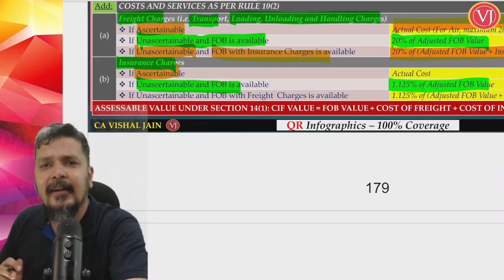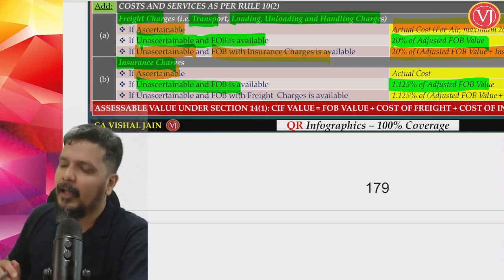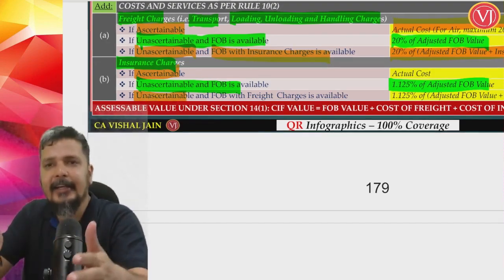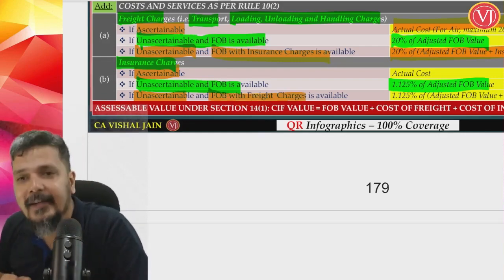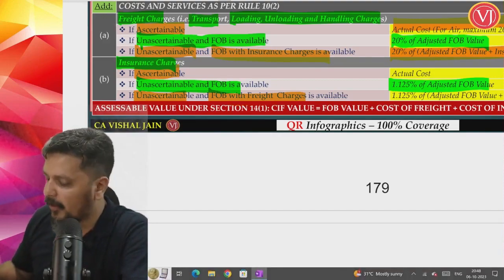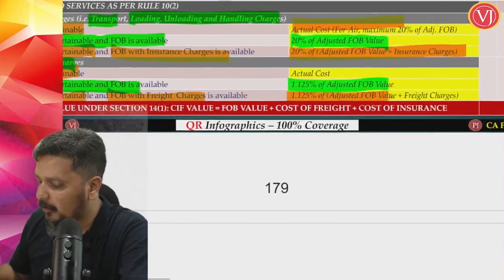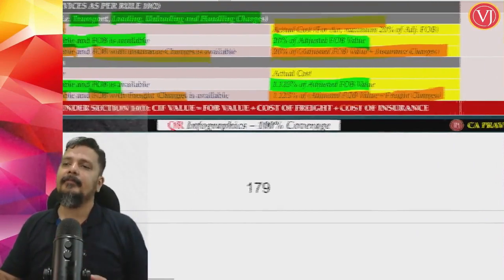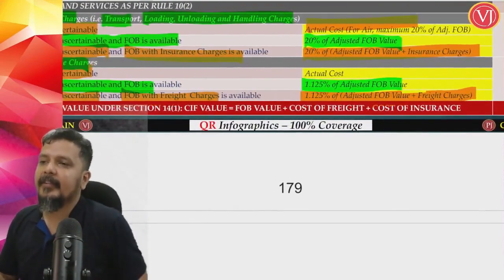Now, if you don't know insurance and you don't know FOB clearly, you know FOB with freight, go with 1.125% of adjusted FOB with freight. Are you guys clear with this understanding?